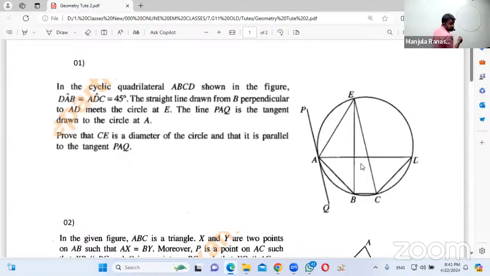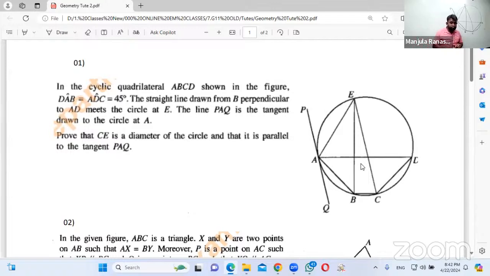There is a circle, and here PAQ is a tangent, and ABC, and here D and E. Okay, so that is the question.